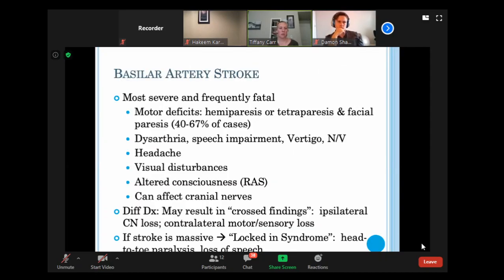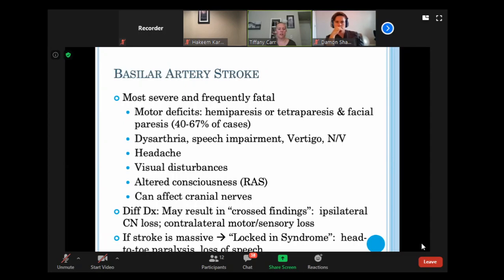And the last one, the basilar artery stroke, is the most severe and frequently fatal. Motor deficits, including hemiparesis, tetraparesis, and facial paresis in 40 to 67% of cases. Dysarthria, speech impairment, vertigo, nausea, vomiting, headache, visual disturbances, altered consciousness due to the impact on the reticular activating system, can affect the cranial nerves.